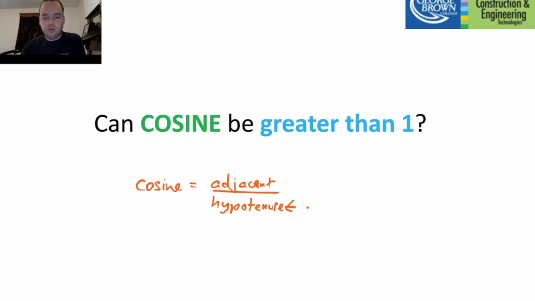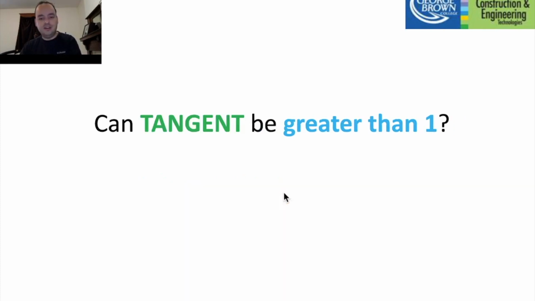Hopefully you said the bottom, because the hypotenuse is always larger when you have a right angle triangle. So since the denominator is greater than the numerator, no, cosine cannot be greater than 1, because that would mean the adjacent would have had a larger value. So that's 2 out of the 3 questions that I have here at the end for you, philosophical questions.